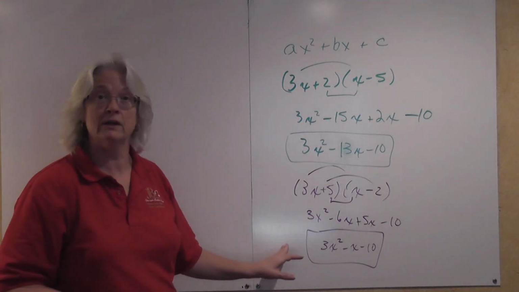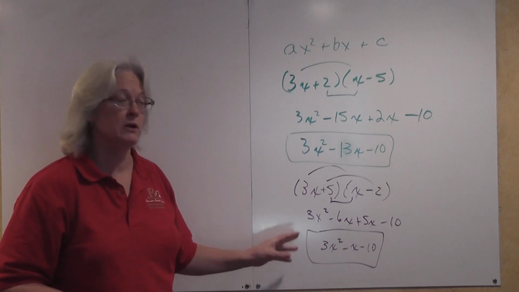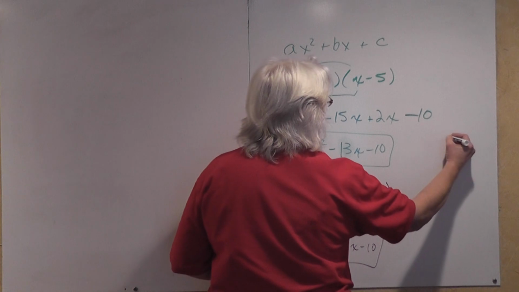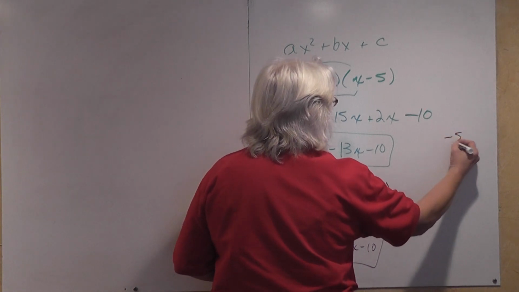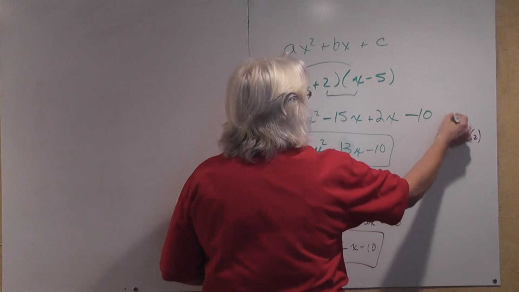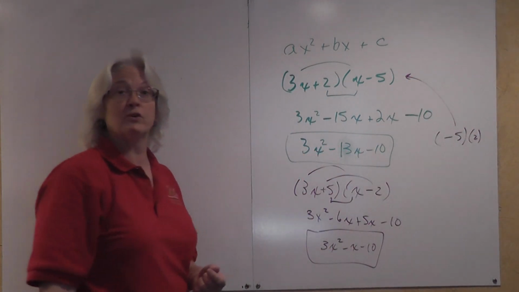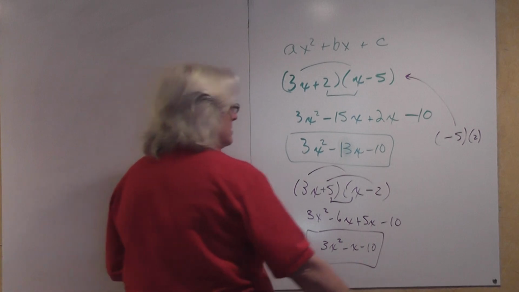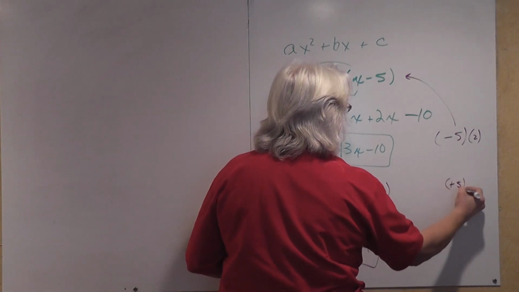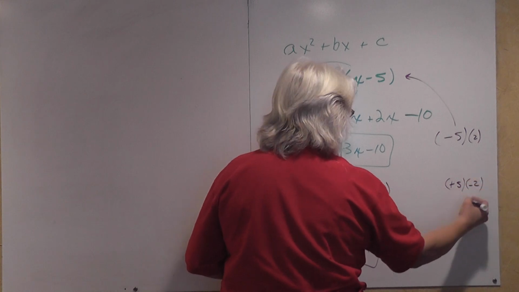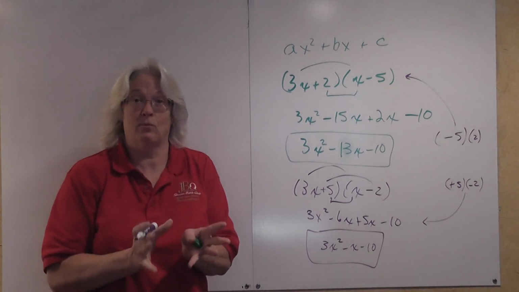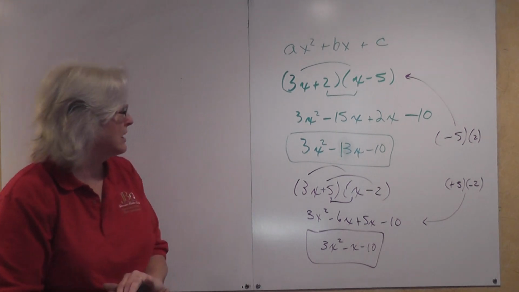two totally different trinomials. So look at what we did. We factored our negative 10. We have a pair of factors of negative 5 times a positive 2 that we used in our first problem. Down here we have a positive 5 and a negative 2 that we used in the second way that we multiplied these problems together.